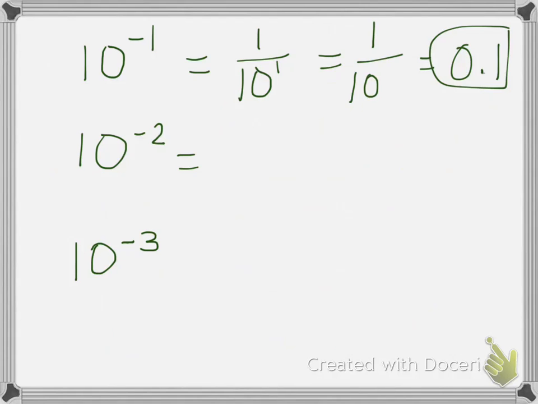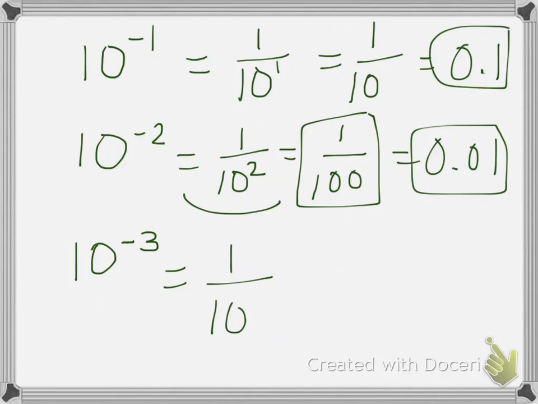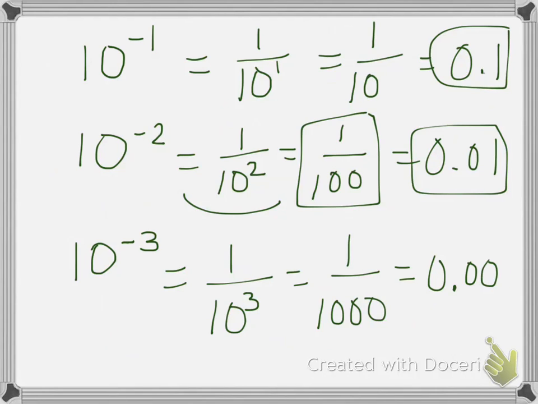For this, standard form would actually be what that equals. So in this case it equals 1 over 100, and that's 1/100th. That's the decimal in standard form. That's the fraction in standard form. We would call this exponential form. This one, 10 to the 3rd power as the denominator, which is the same as this. And then 1,000ths looks like this. Tenths, hundredths, thousandths. So those would be your answers. Hopefully you did okay.